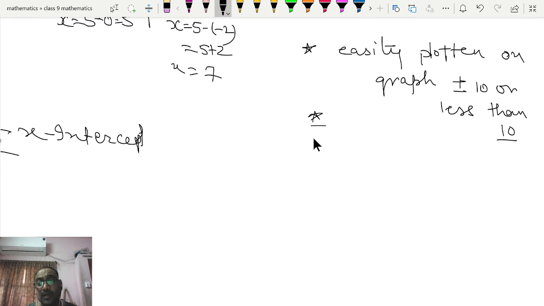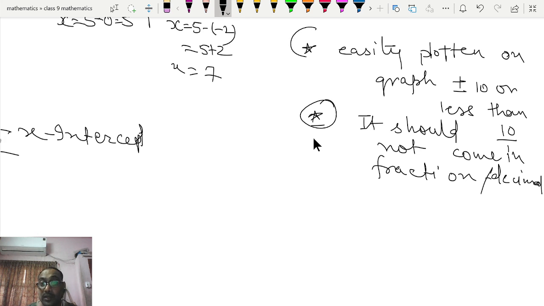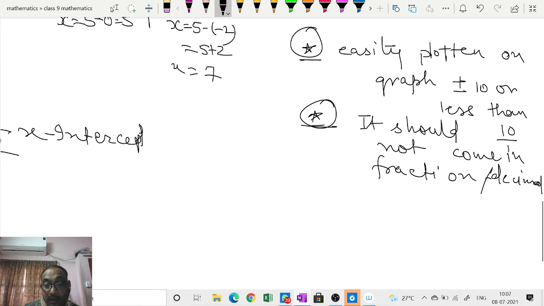Number 2, it should not come in fractions or decimals, so that you may plot easily. Whole numbers or natural numbers are good to be plotted. So remember these 2 points, and you may find it very easy to solve the question.